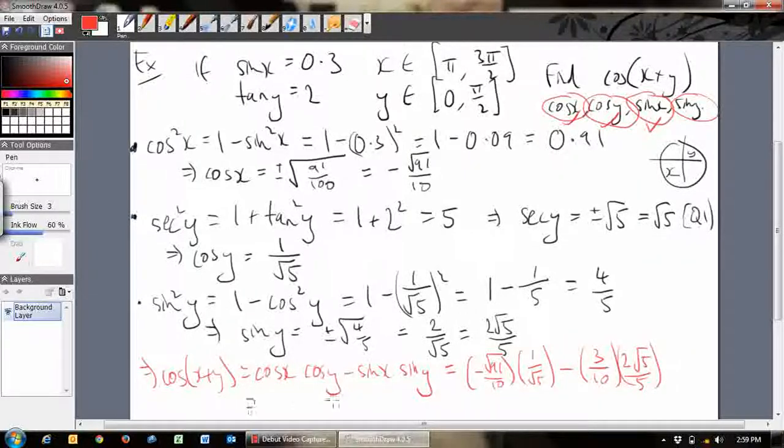That's all your stuff, and then you just simplify. Can we simplify it? It looks pretty horrible. I'll let you do the surds. It's negative root 91 over 10 root 5, minus 6 root 5 over 50, and that'll cancel down to something. Then you just simplify, but that's your answer there.